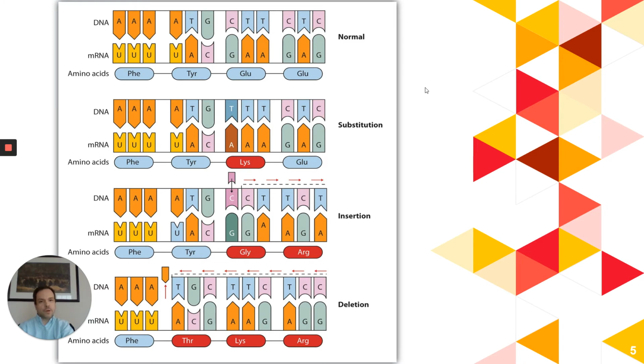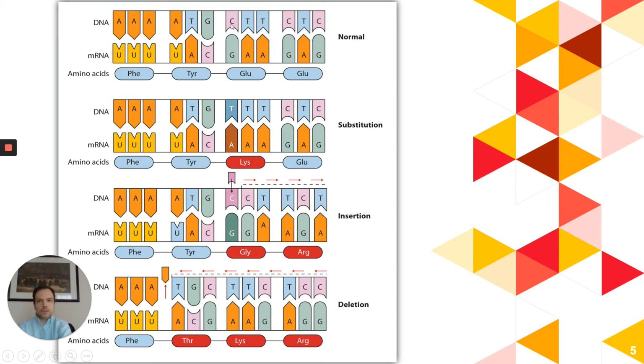Other than those 3, we also have what are called either substitution, insertion, or deletion errors. In a substitution error, we end up, on the DNA sequence, with a base substituting for the one that was supposed to have been there. So if we were to look up here at our original DNA sequence, you can see right here this 3rd codon was supposed to code for cytosine, thymine, thymine, CTT.